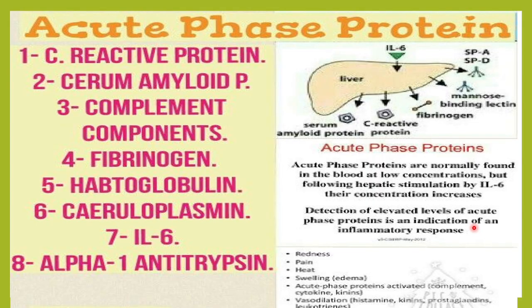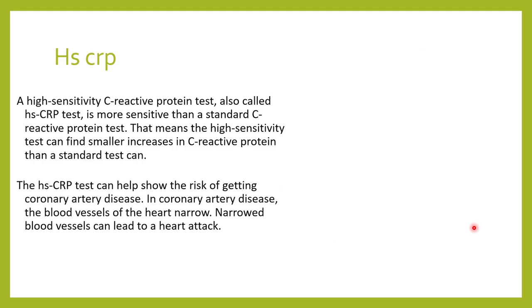We will study HSCRP again in detail, but this is highly sensitive CRP. You might have heard about this test, and we use it in clinical practice to monitor the risk of heart disease. It is much more sensitive than C-reactive protein, and the two are used in different scenarios.